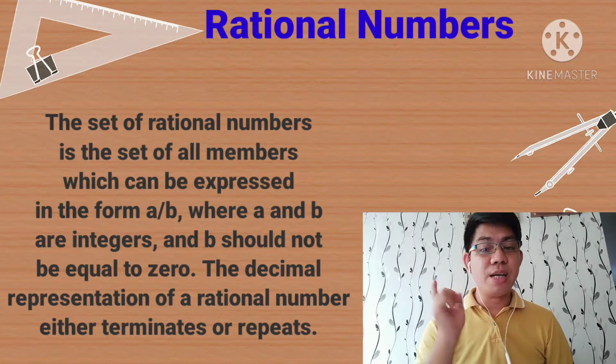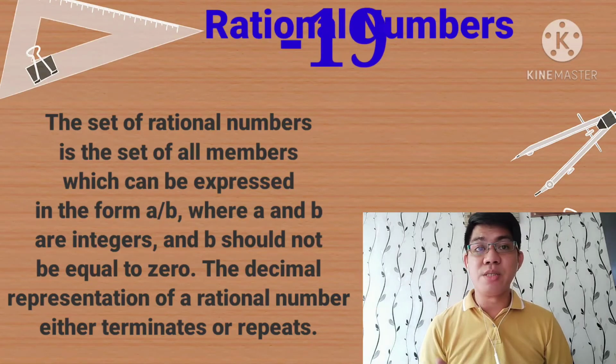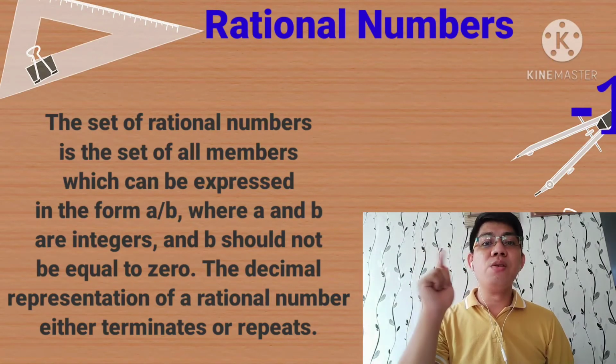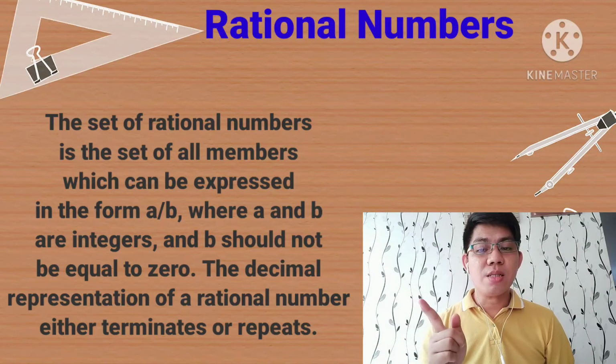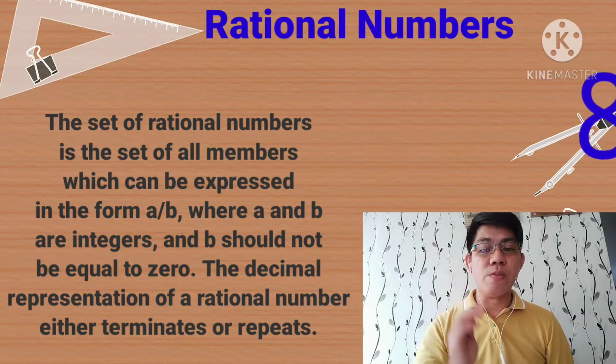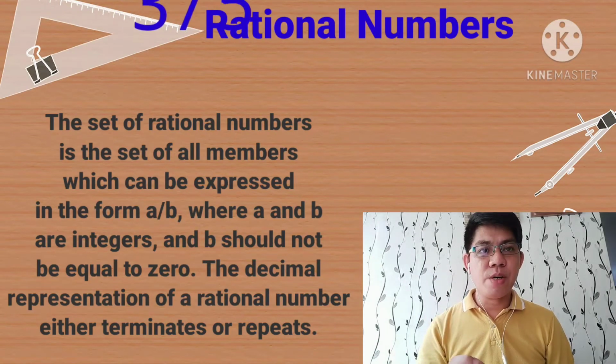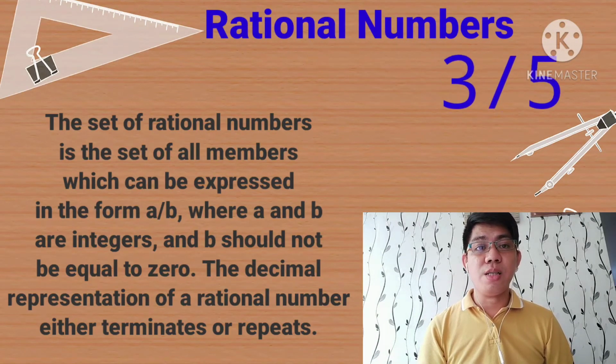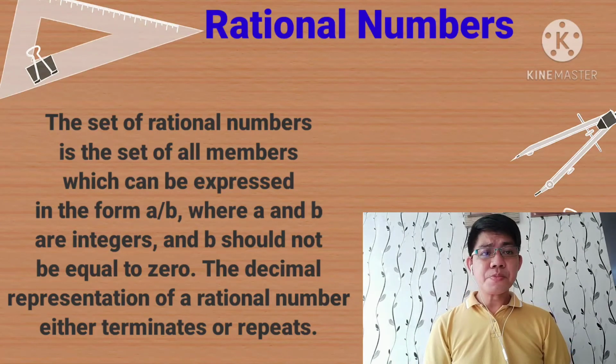Negative 19 can be expressed as a fraction, negative 19 over 1. 8 can be expressed as a rational number, 8 over 1. 3 over 5 is also an example of a rational number.